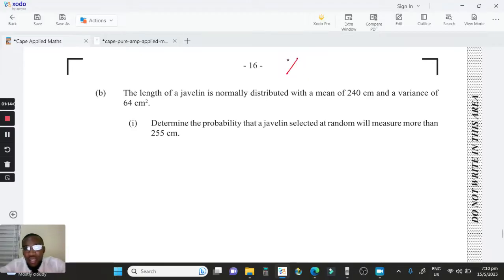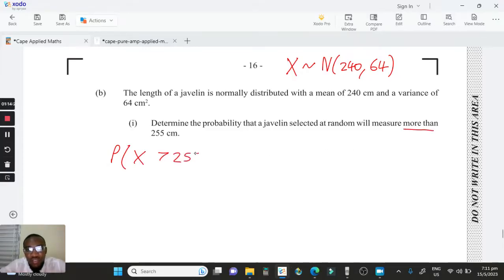Now part B, it says the length of a javelin is normally distributed. So another normal distribution question. The length of a javelin is normally distributed with mean 240 and variance 64. Now find the probability that it will measure more than 255 centimeters. Probability X is greater than 255.